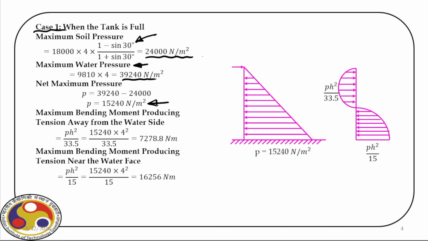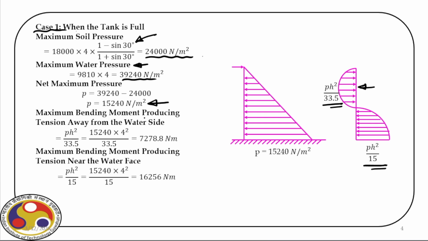Now due to this pressure, we'll have the maximum bending moment. Recall this we earlier discussed. The maximum bending moment at the base is pH square by 15, while the maximum bending moment over the stem is pH square by 33.5.